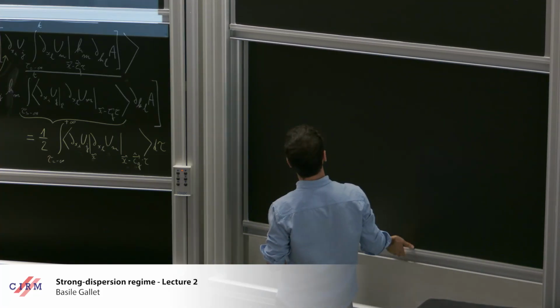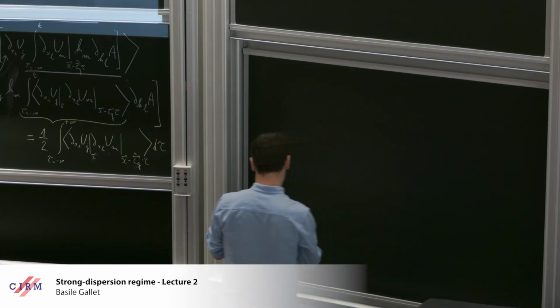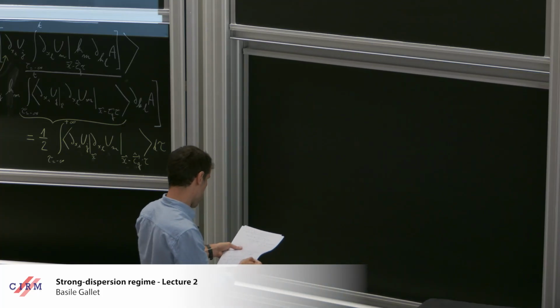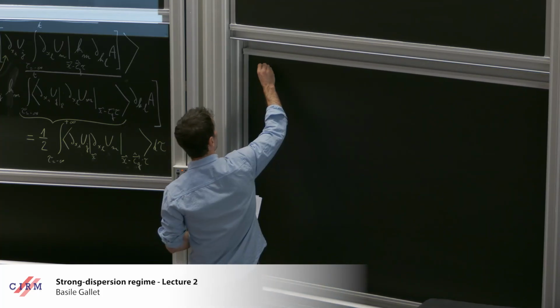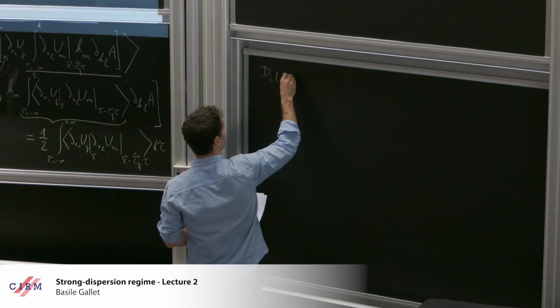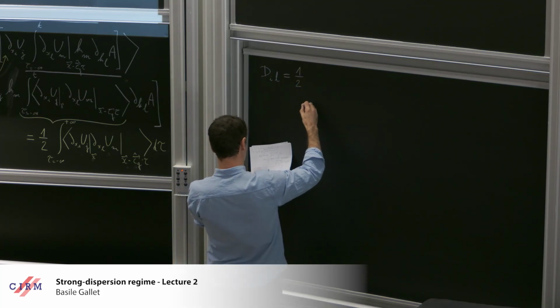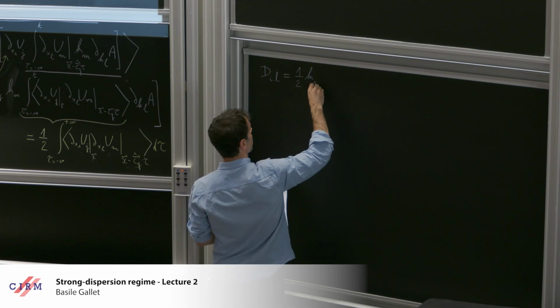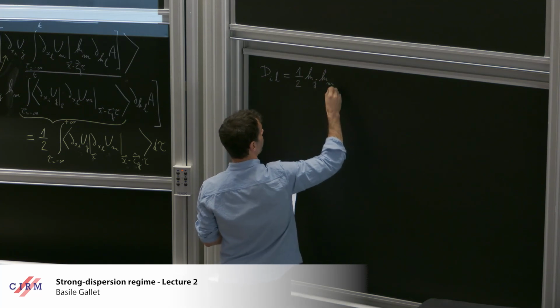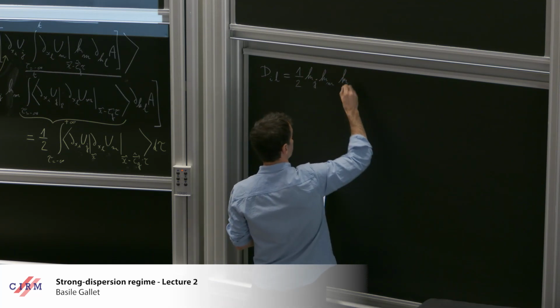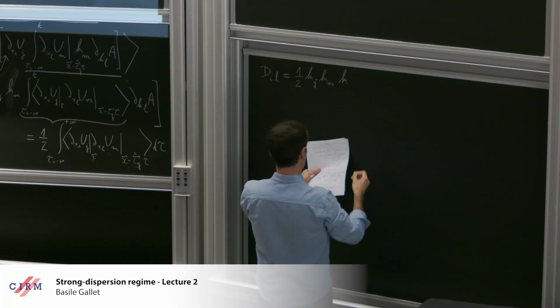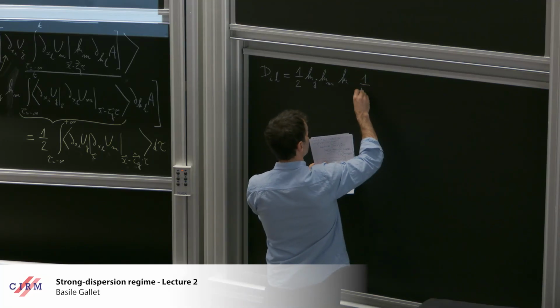Okay, so if I do that, I'm going to write DIL. It's going to be 1/2 of kj, km, we had those. There's a k that's going to come from the change of variables. There's a 1 over n.